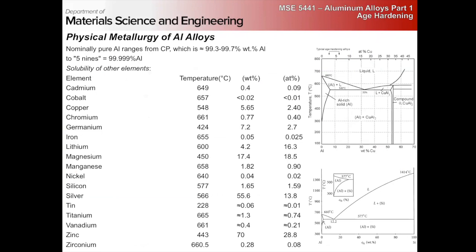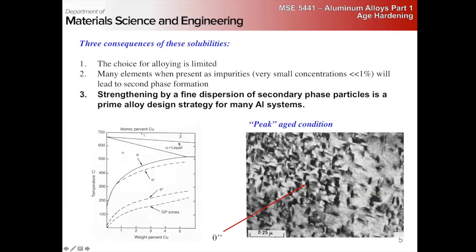Okay. So, big key idea with aluminum is that aluminum does not have appreciable solubility with very many elements. So what does this mean? We don't have a lot of main alloy systems to focus on for aluminum, and we have to worry a lot about impurities. Very small concentrations can give us secondary phase formation.